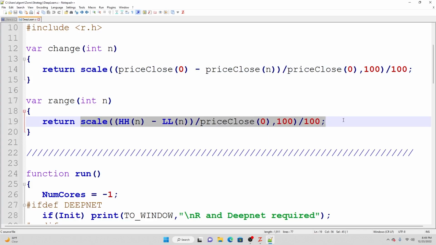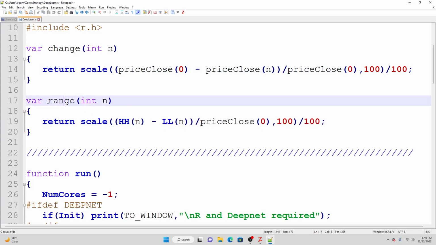Same thing here with the range. But what exactly is this range thing? Well, think about it. This is the highest high. This is the lowest low. These are internal Zorro functions. So the highest high minus the lowest low over the last n values divided by price close, scaled over the last 100 values divided by 100.